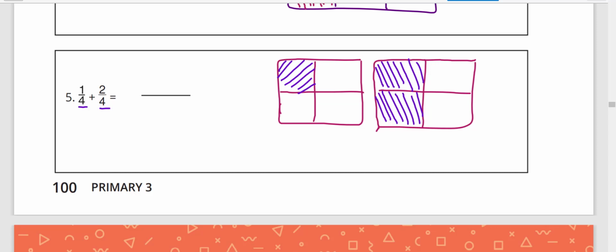Write 4 in the denominator, because it is the same number in the denominator of the two fractions, and add the two numbers in the numerator. 1 plus 2 equals 3.